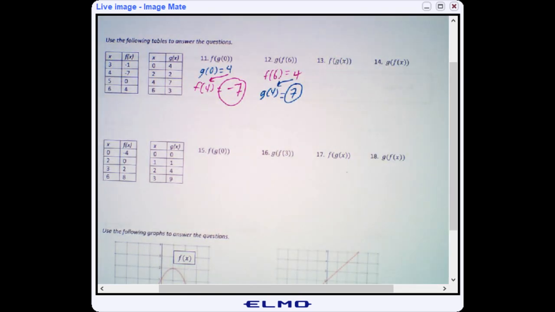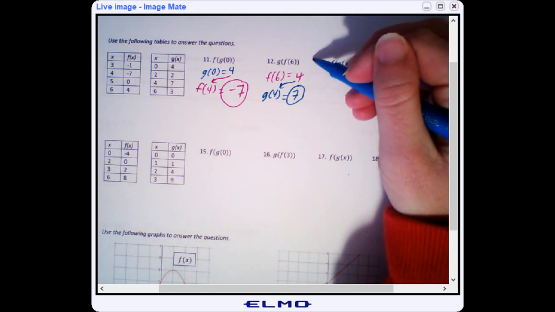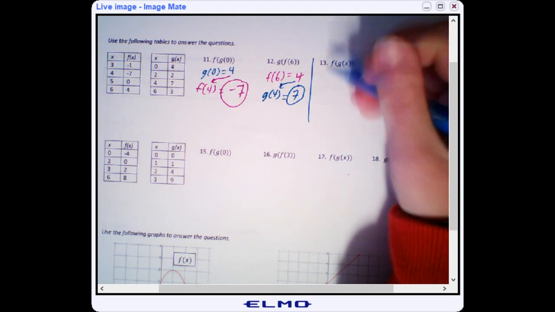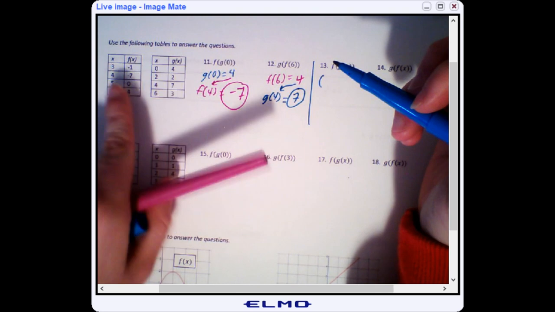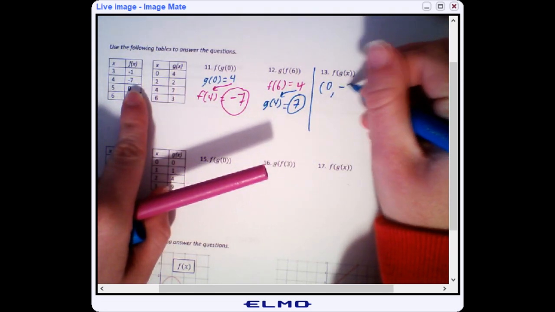For 13, I'm going to do f of g of x. So basically, I'm just going to see which ones will come out to be nice. So 0 goes to 4, 4 goes to negative 7. So I have 0, negative 7.